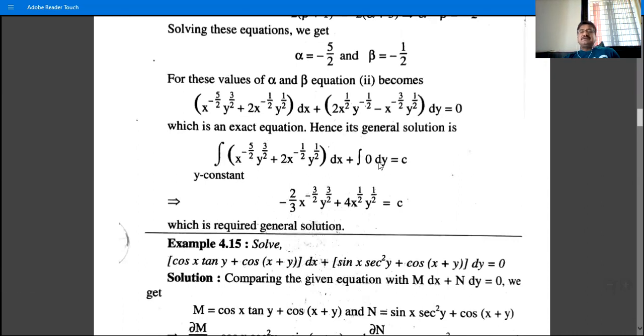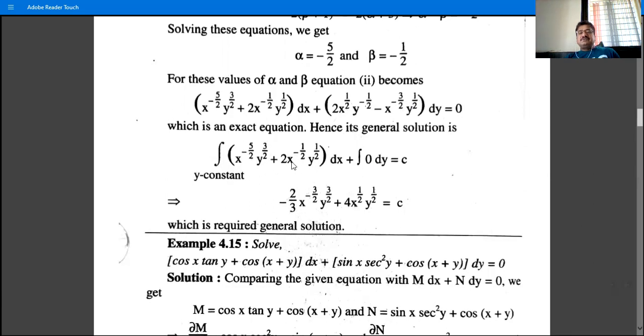Integration of M dx plus terms in N independent of x dy is equal to 0. So there is no term independent of x; there are two terms, this depends on x, this depends on x, so 0 dy, and this is M as it is, dx, and so the integration is what? Take y as constant, so integration is with respect to x, meaning y is constant. y raised to 3/2 is constant, and integration of x raised to −5/2 is what? x raised to −5/2+1, means x raised to −3/2 divided by −3/2, means into −2/3.